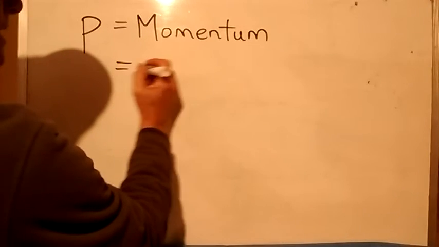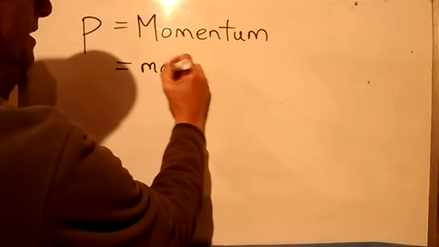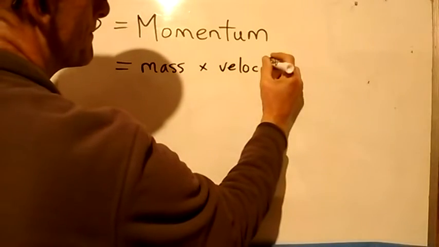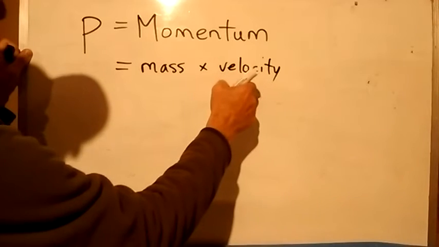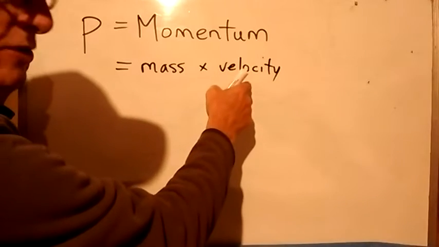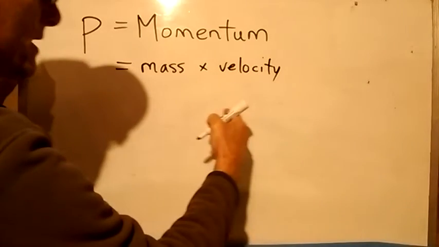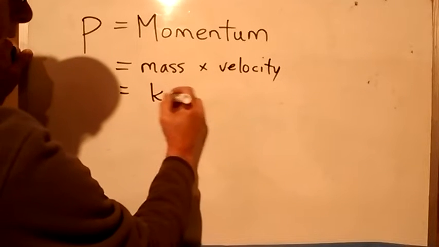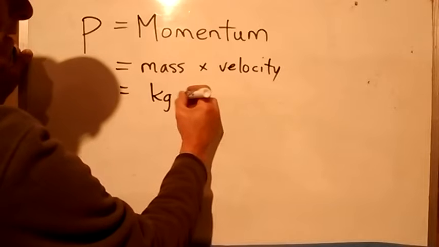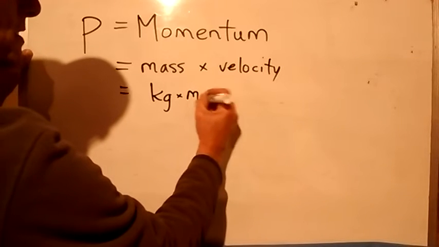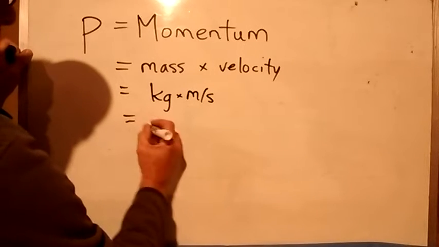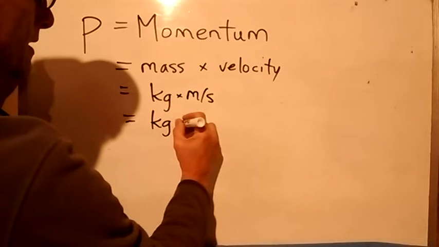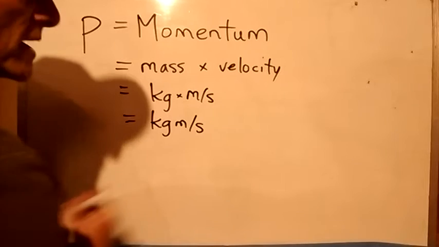Momentum is mass times velocity, and it's a vector, so direction's important, whether it's north, east, south, west, left, right, that kind of thing. The units are mass in kilograms and velocity in meters per second, so momentum has units of kilogram meters per second.